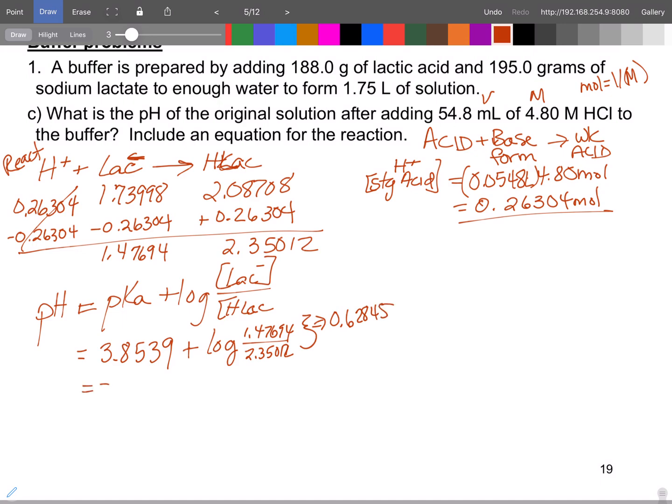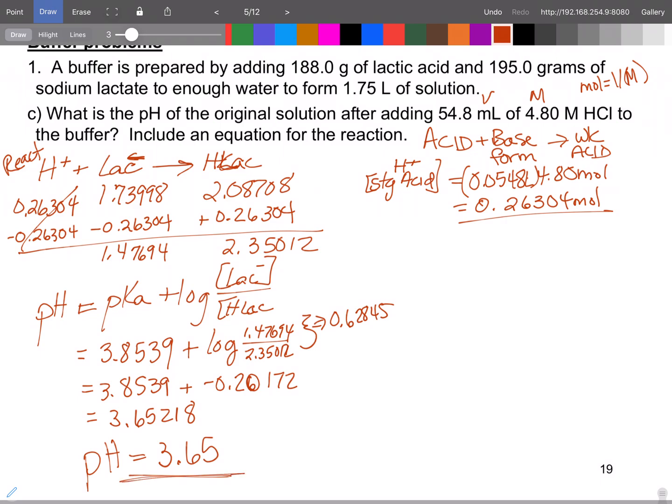So we end up with 3.8539 plus a negative 0.20172, which means it's 3.65218. So the pH, once you've added this acid, is 3.65.